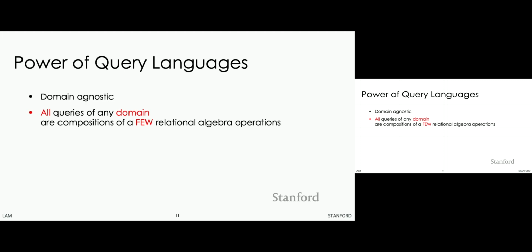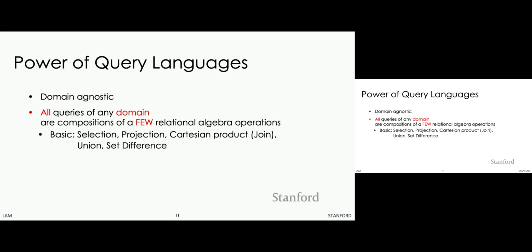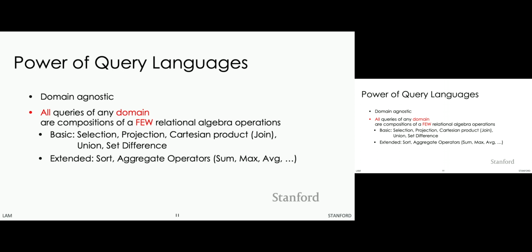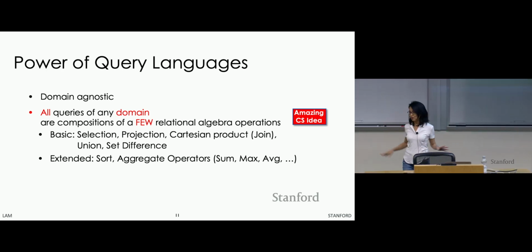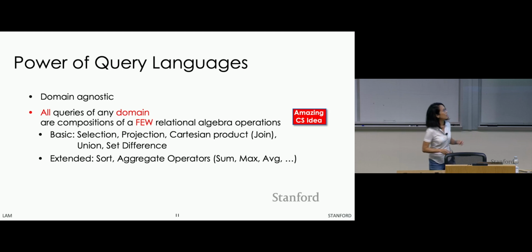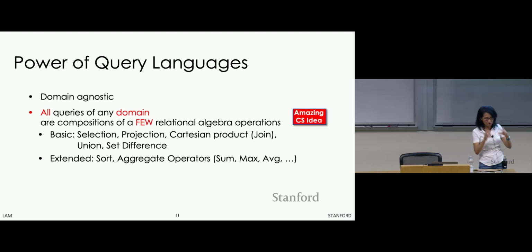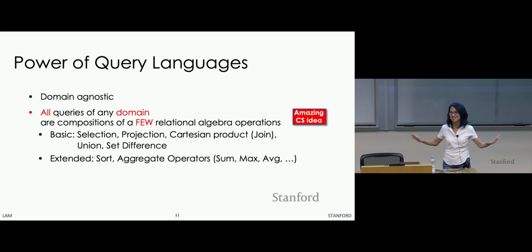If you look at the queries, they have only a few relational algebraic operations: selection, projection, join, which is Cartesian product, union, set difference, and so forth. It's really a small number of primitives, and then you can extend it with well-known operators like sort and aggregate. The fact that no matter what you want to ask can be expressed in a composition of a small number of operations is an amazing CS idea.